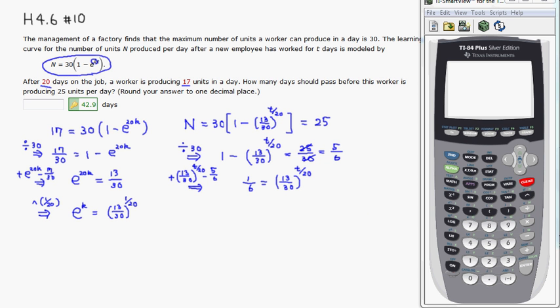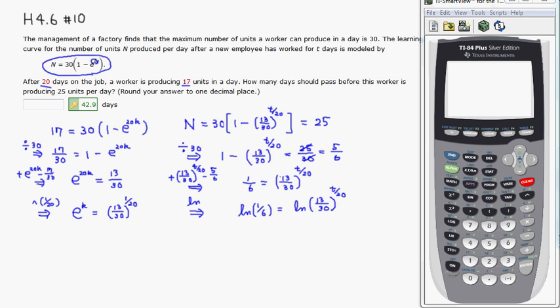Then we can just take the natural log of both sides as usual, because we want to bring this guy down. We have the natural log of 1 over 6 is equal to the natural log of 13 over 30 raised to the t over 20.